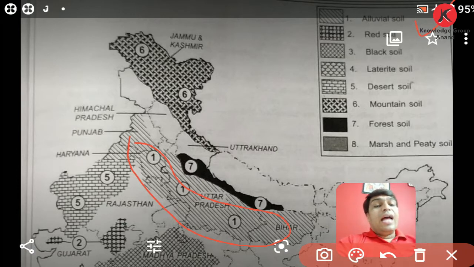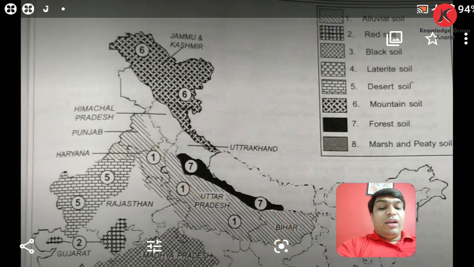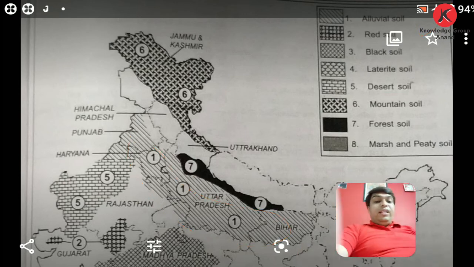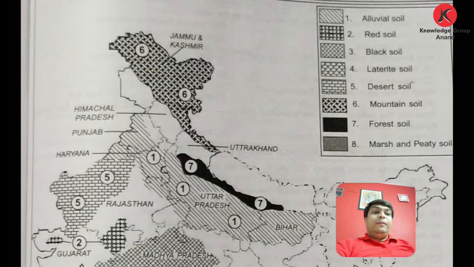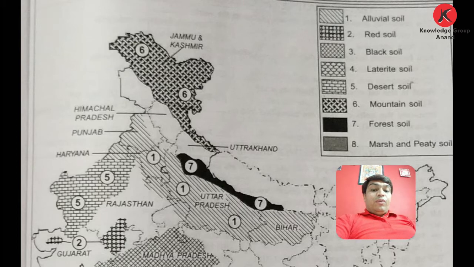We know how this alluvial soil is formed. This soil is formed due to the alluvium that the rivers deposit along their banks, and this soil contains potash, phosphoric acid and limestone in very large proportions. Friends, about 43% of India is covered with alluvial soil.